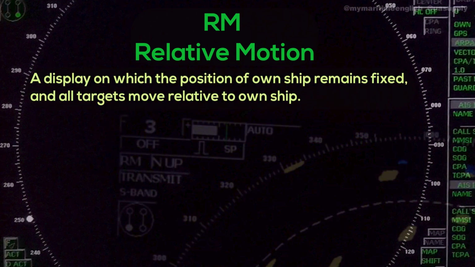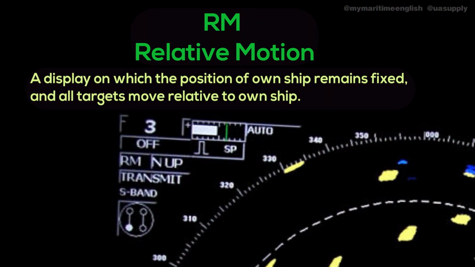RM, relative motion. A display on which the position of owned ship remains fixed, and all targets move relative to owned ship.